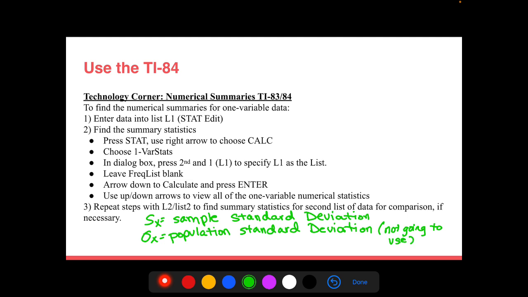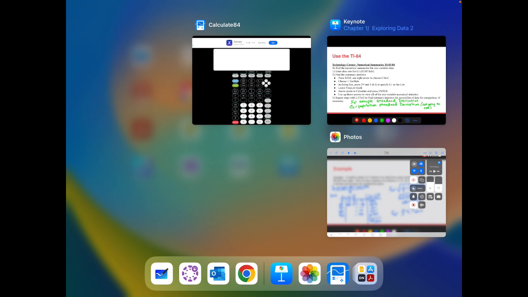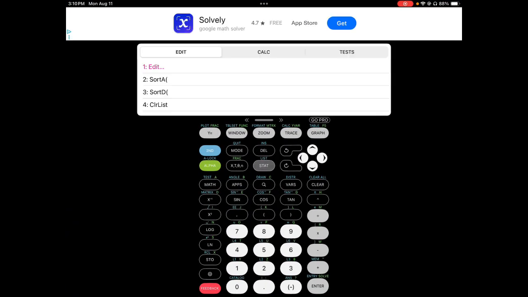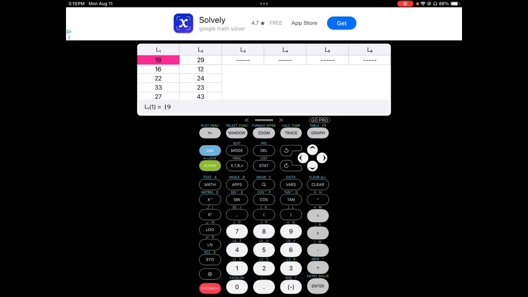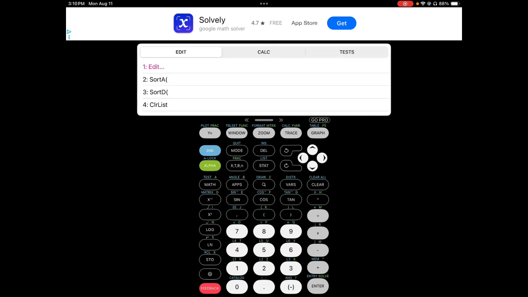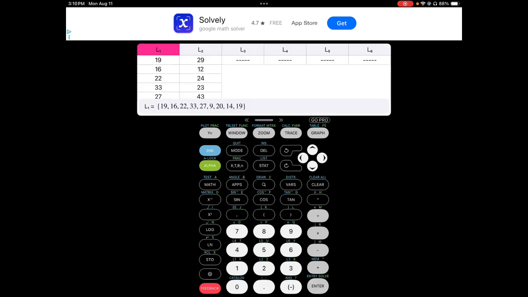Okay, so let's go ahead and look at this on the calculator. So I'm going to go to Stat, Edit. I have some stuff in there. So I'm going to go up, hit Clear, and go to L2. I'm also going to clear that. Clear, Enter. Clear, Enter.